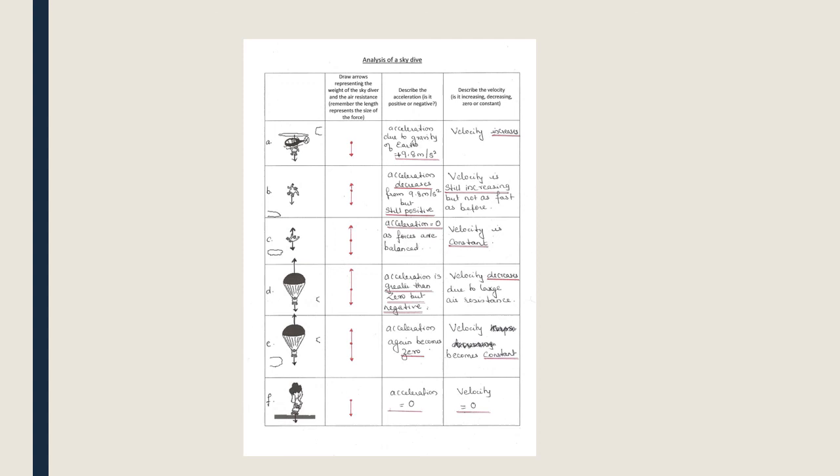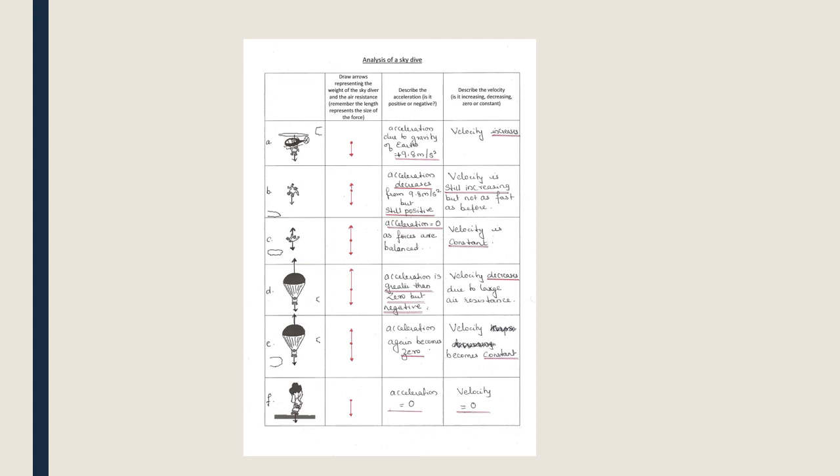And as said before, if the acceleration is 0, that means the velocity is not changing. So we get the second constant velocity, or the second terminal velocity. So in stage E, forces are balanced again. The size of the arrows have to be the same. Acceleration becomes 0 because the forces are balanced. Since there is no acceleration, velocity becomes constant.